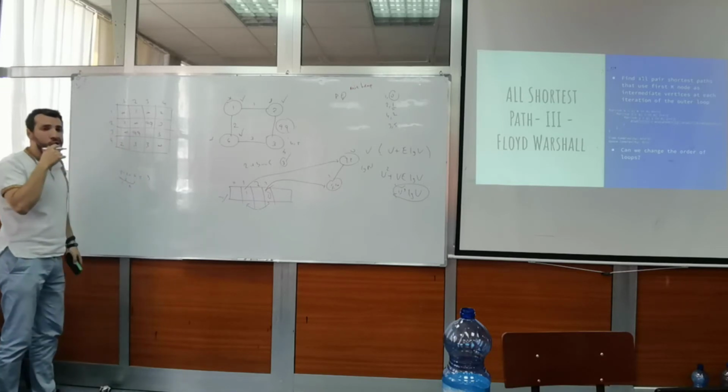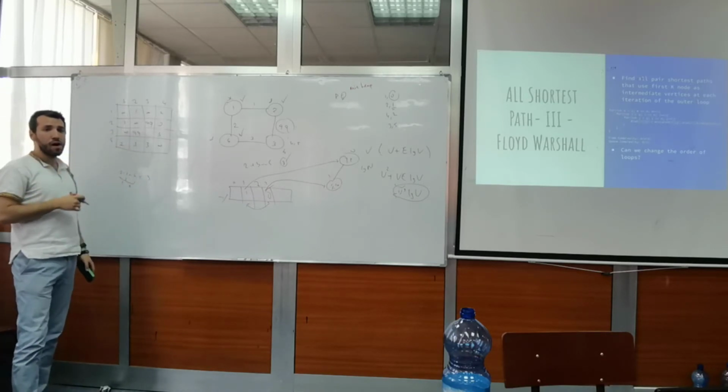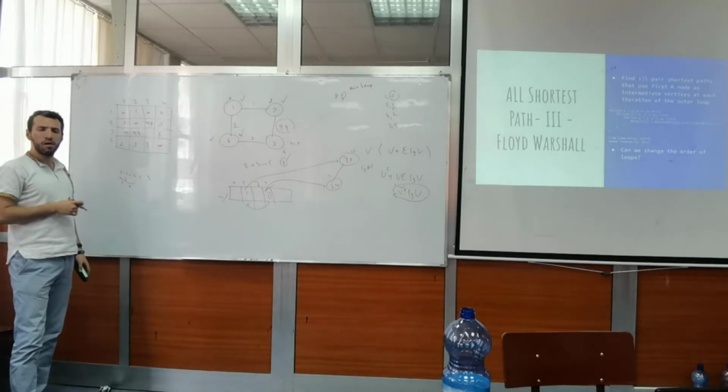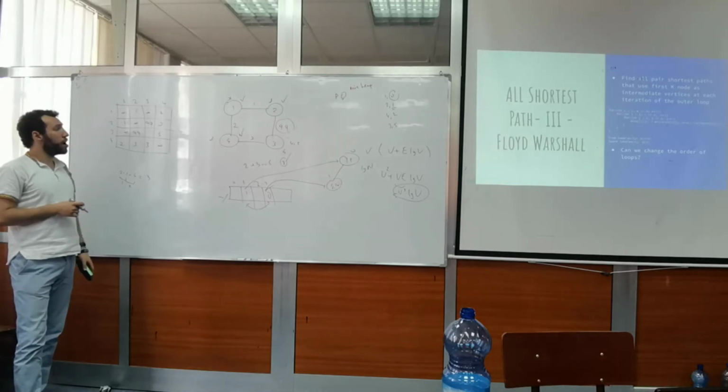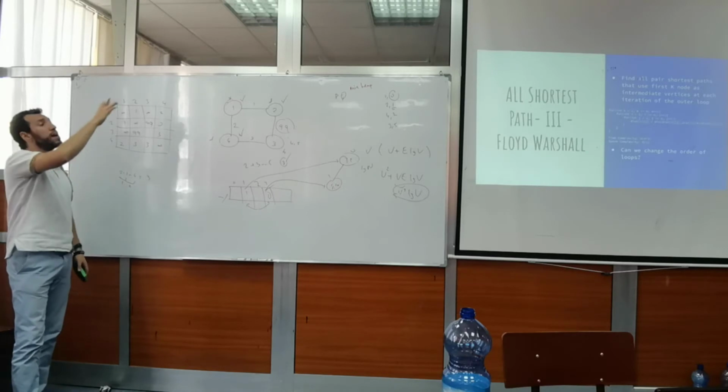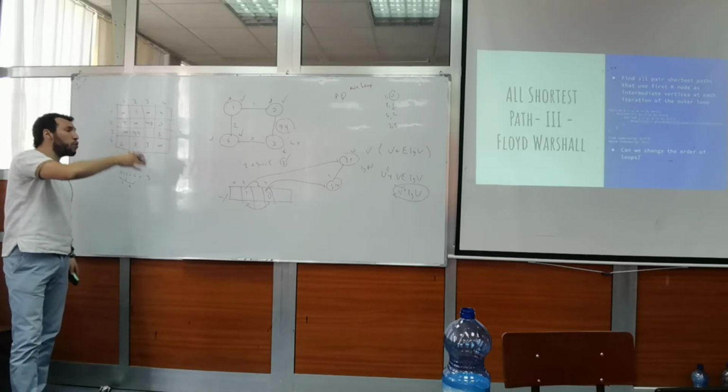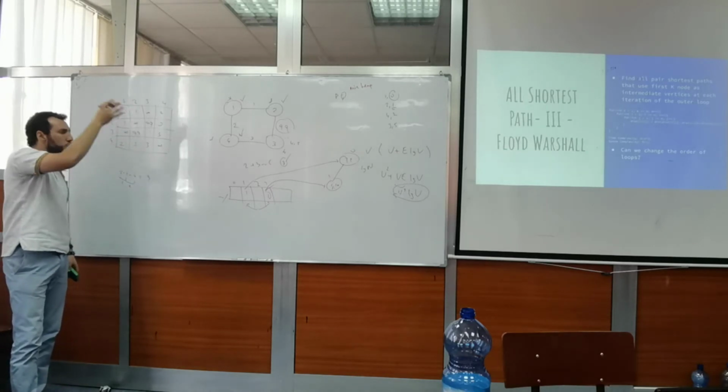In this example, we chose 1 and there was an edge between 2 and 1 and between 1 and 4. But we could have chosen a node that doesn't have an edge to 2 or 4. Murat asked a question: at the beginning we start with 1, then we use 2 as an intermediate node, then 3, and finally 4.